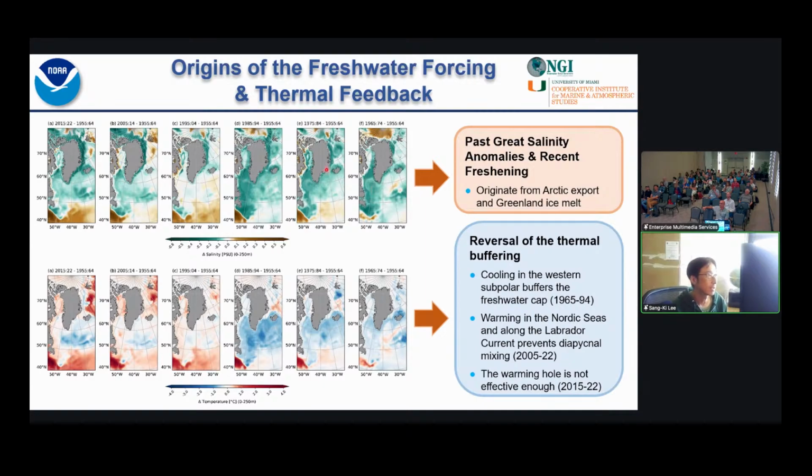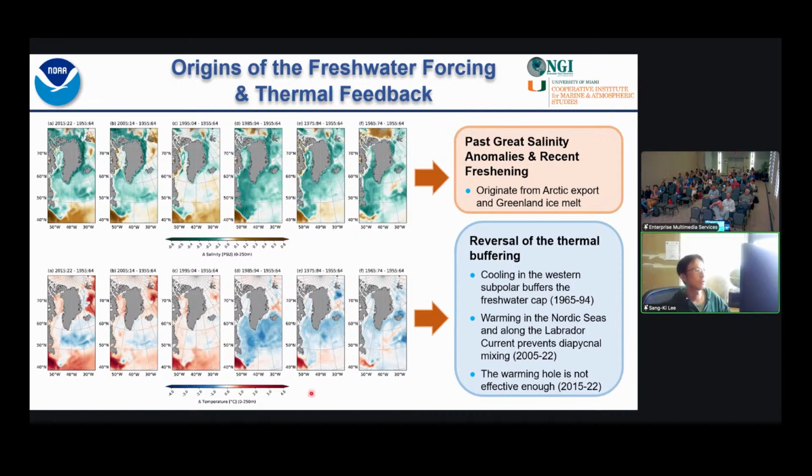They all seem to be linked to the Arctic export of freshwater and the Greenland ice melt. The spatial pattern appears to be linked to that. If you look into a more recent period, you also see freshening, and you can also see some kind of spatial connection with the highlighted Arctic and Greenland regions as well.